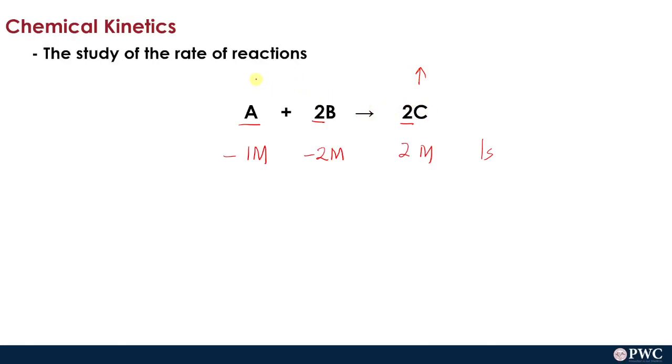Meanwhile, the concentration of the reactants will decrease because they are transforming to form our products. Again, this is at the same time. After 1 second, 2 molar of C is produced, and then 1 molar of A and 2 molar of B are consumed.